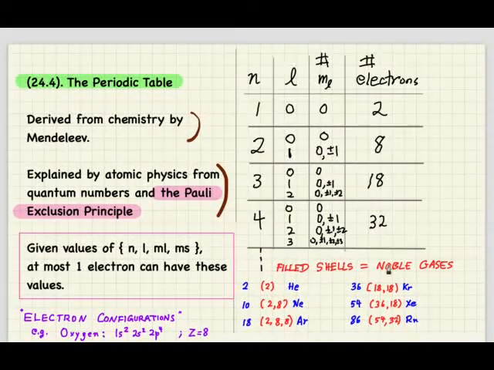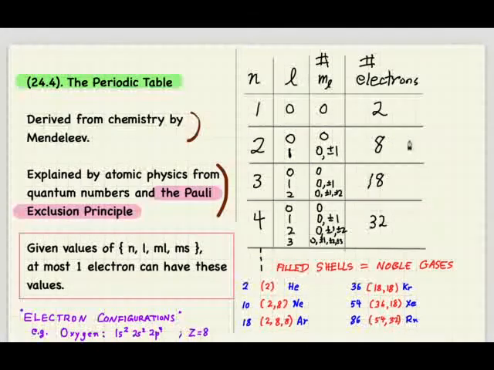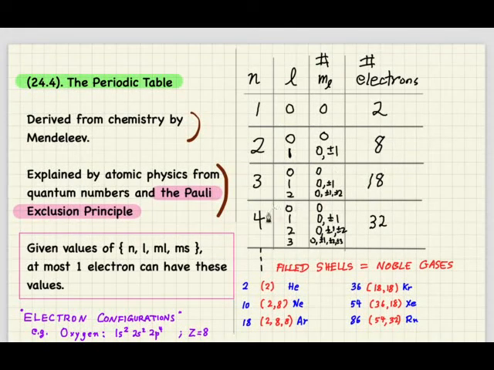So, the noble gases, helium, neon, argon, krypton, xenon, radon, correspond to atomic numbers 2, 10, 18, 36, 54, 86, which correspond to filled combinations of the energy levels with n equals 1, 2, 3, 4, and various values of L.